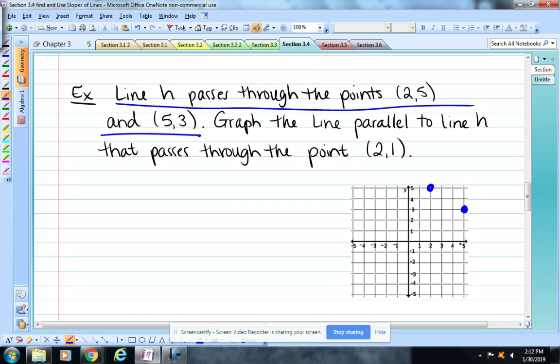And then draw a line through them. Don't draw little short squatty lines either. Draw kind of nice long lines. There's my line H. Look up at me after you graph line H, please.